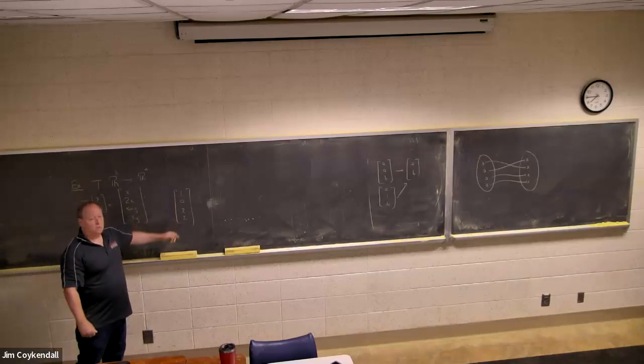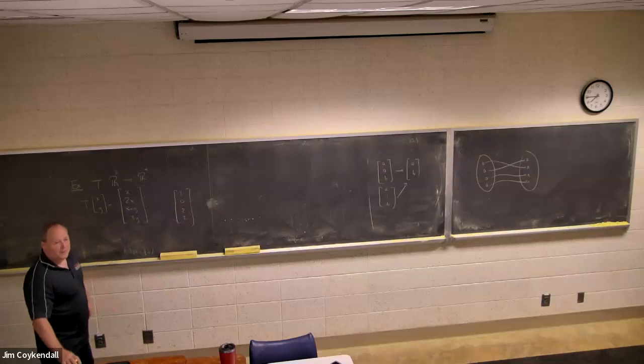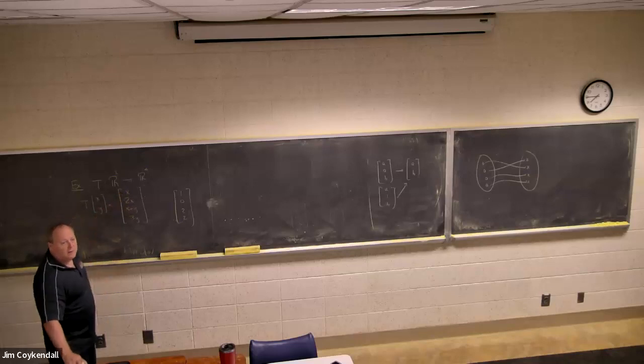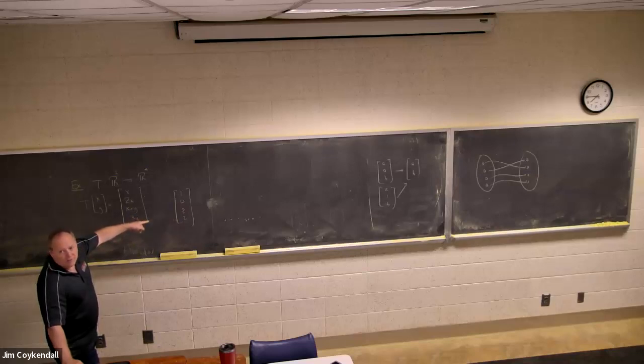Why is there no (1, 0, 2, 2)? Let me ask you this: in the output of this function, what can you say about the first coordinate and the second coordinate? The second coordinate is always double the first coordinate. Everybody agree with that? Is that true for this thing? No way is it in the image of that map, right?